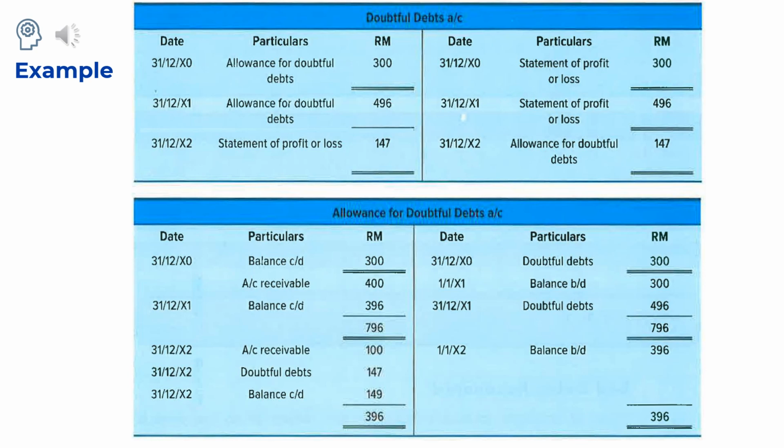Therefore, the credit side will be the expenses, and for 20x2 it will be treated as other income.